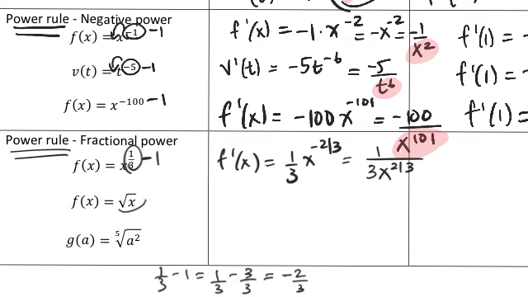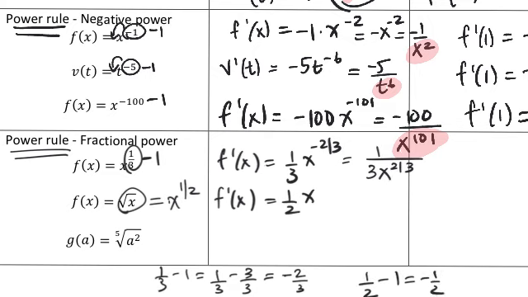This one, radical x, you know how to take that derivative, but you have to recognize it as a power, x to the 1/2. Then f prime of x is 1/2 x to the 1/2 minus 1, or negative 1/2, bringing the power down for a positive exponent like that. This one, you have to know from pre-calc or algebra 2 that this is the same as a to the 2/5.